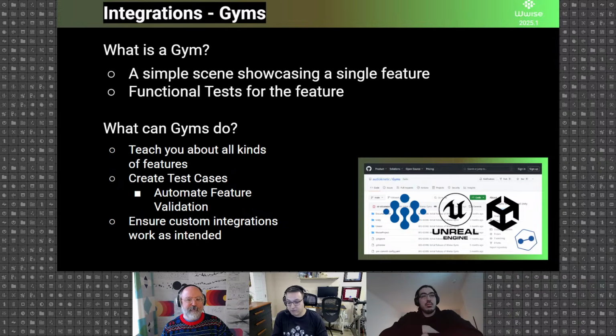It contains, for example, examples on how to use C++ in an Unreal game using the Wwise APIs. And another use case that is interesting for people that are customizing the integrations: you got a big part of our automated test suite right there in the gyms.